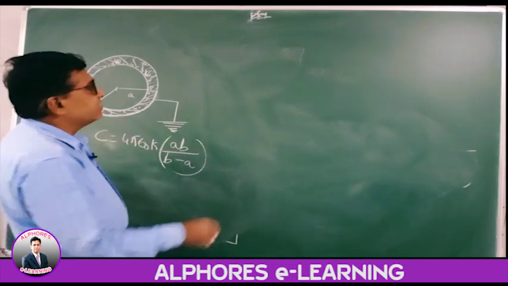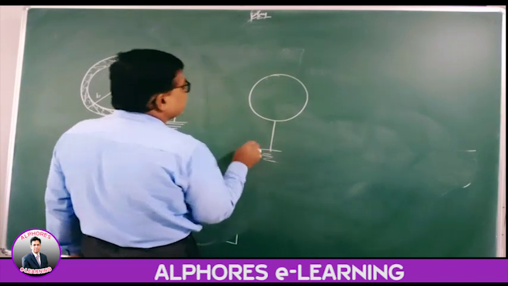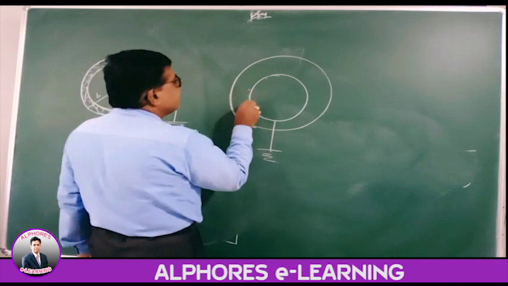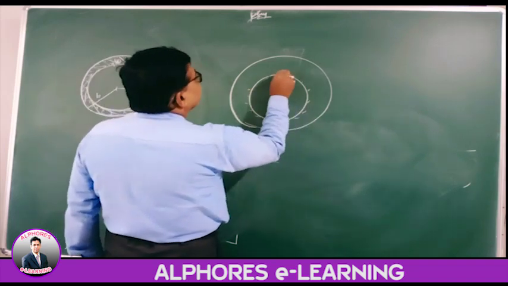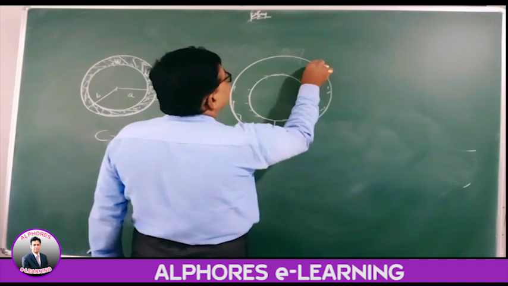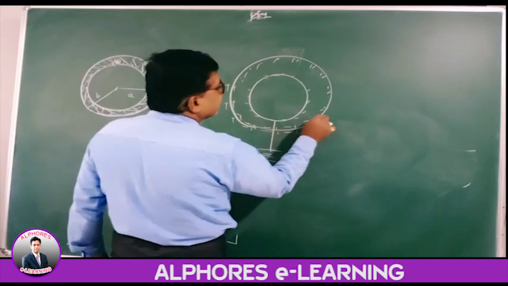Instead of this, had the inner sphere been earthed, let's suppose the inner sphere is earthed and the outer sphere is charged like this. So there is negative charge induced, positive Q inside, and there is also charge outside.